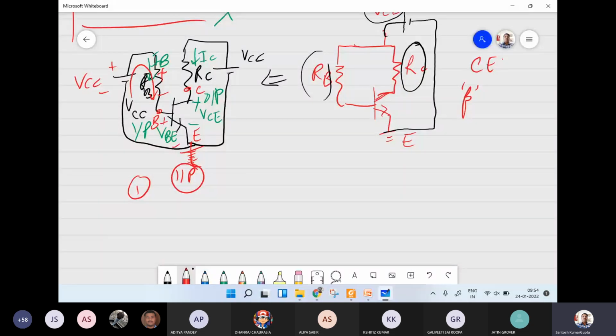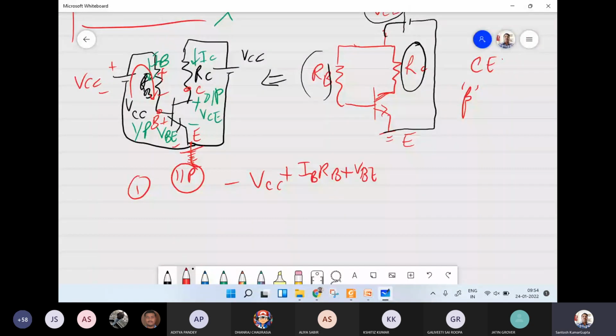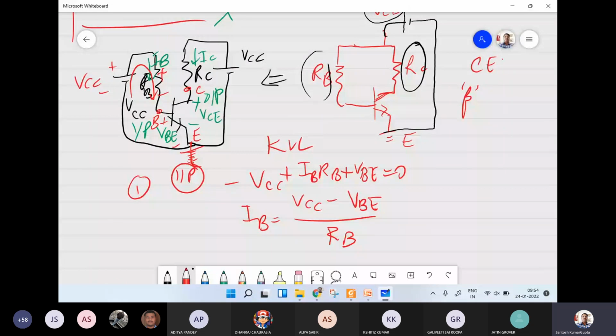So minus VCC plus IB times RB plus VBE will be equal to 0. If we write the KVL for the input loop, from here one can write IB equal to VCC minus VBE upon RB. So this is the equation for the current IB.